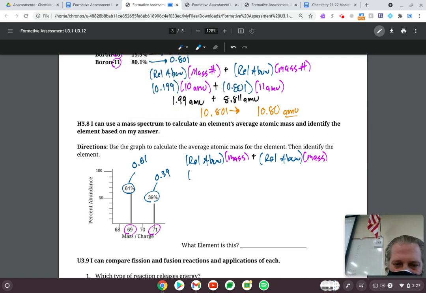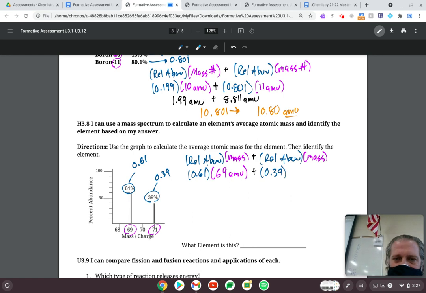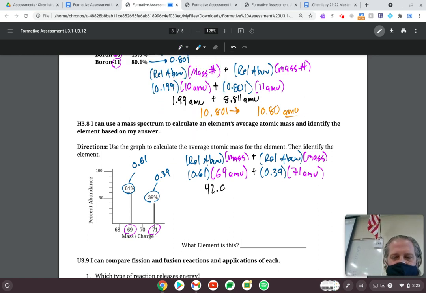So in my formula, I have 0.61 times 69 AMU. And I have 0.39 times 71 AMU. So I'm going to calculate again. So 0.61 times 69, I get 42.09 AMU plus 0.39 times 71.